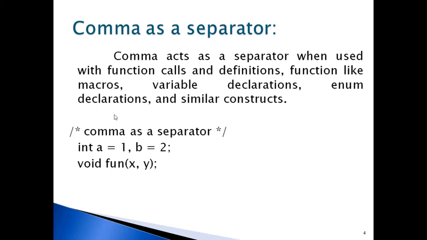Next, void fun(x, y). Fun is a function. The function consists of two arguments x and y. These two arguments are separated with a comma operator. While calling a function, we use this syntax.